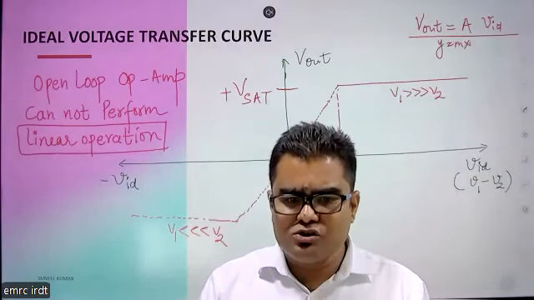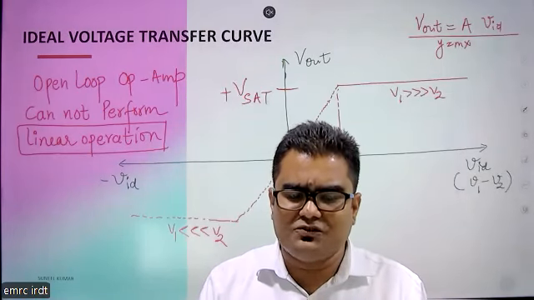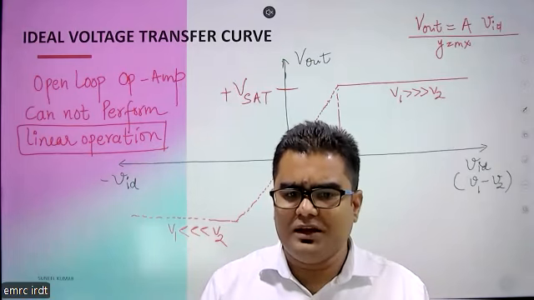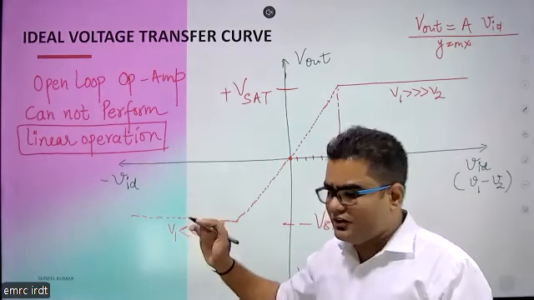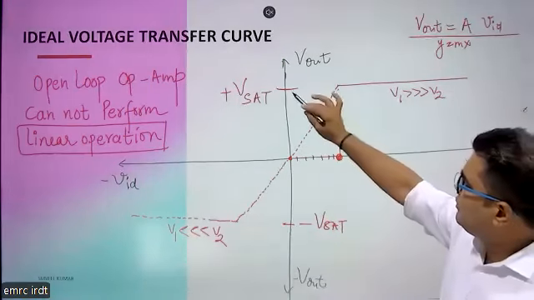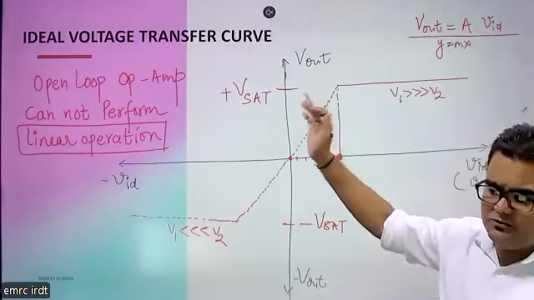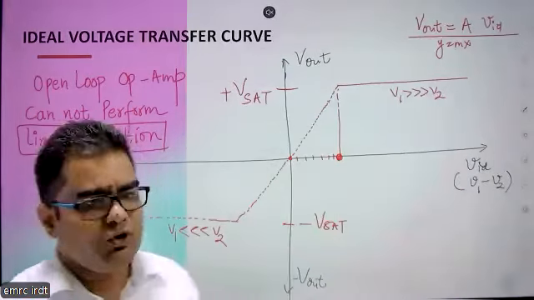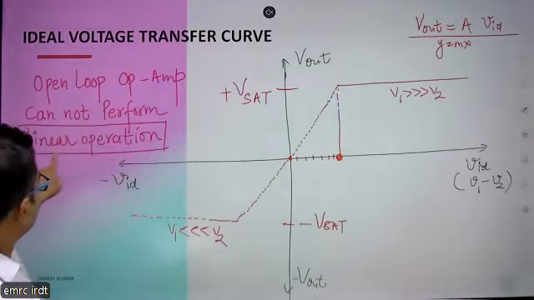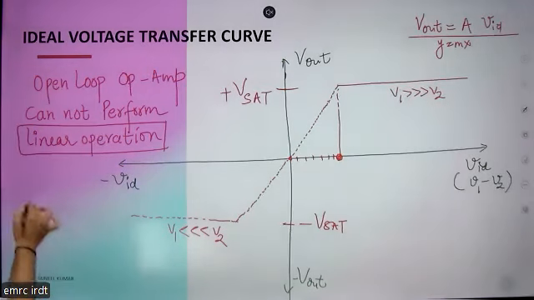Which closed loop configuration will be utilized for linear application, we will decide. But in the ideal voltage transfer curve, we have seen that the output saturates after a certain voltage. So an operational amplifier in open loop configuration cannot perform linear application.